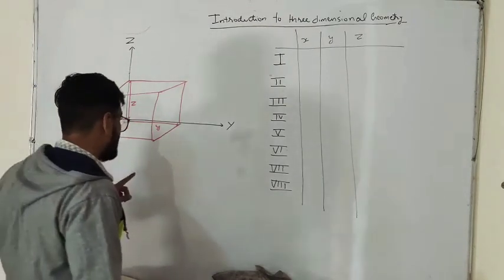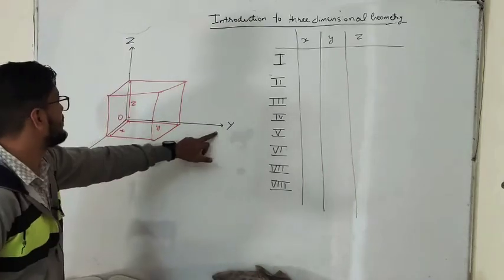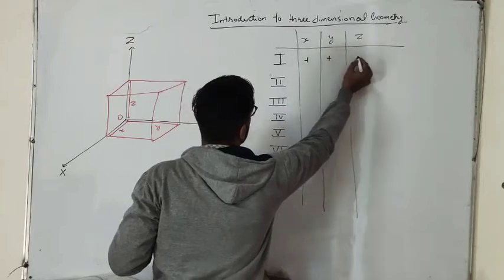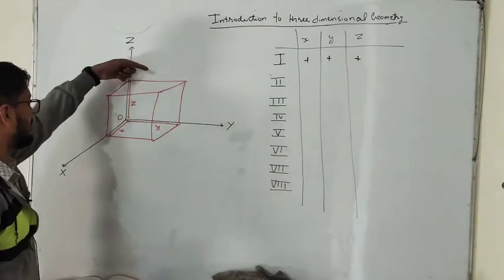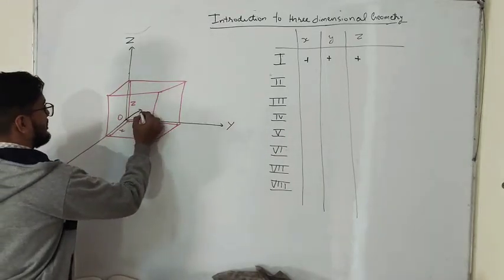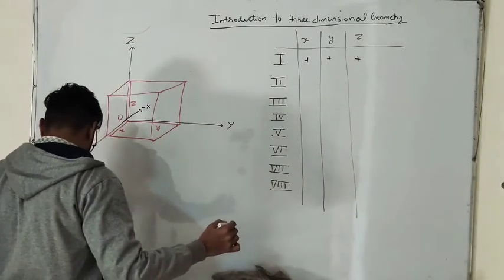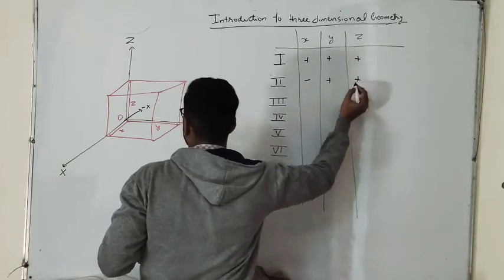So in first octant we know that x is positive, y is positive, and z is positive. So plus, plus, plus. In second octant, that below one, x will be negative in that direction. So x negative, y positive, and z positive.